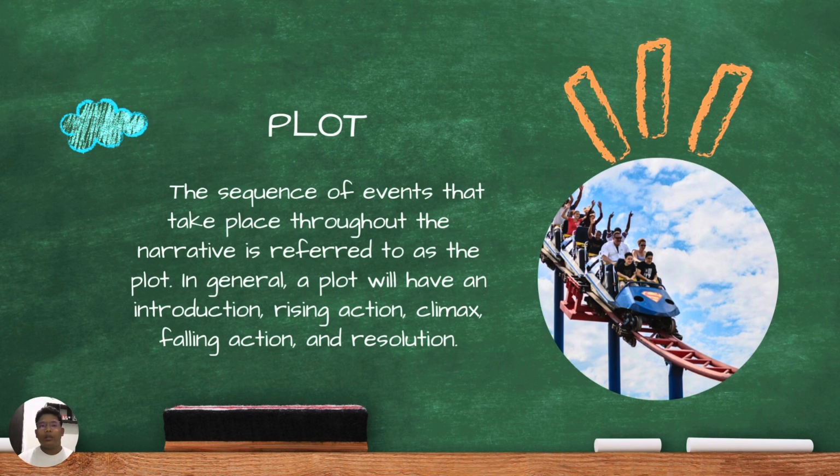Meaning, the pattern of the story must be chronological. An introduction, a rising action, climax, which is one of the most favorite parts of a certain plot, falling action, and then the resolution.